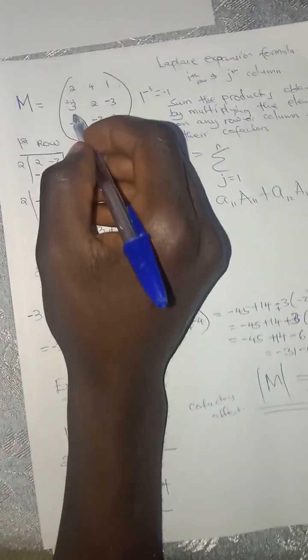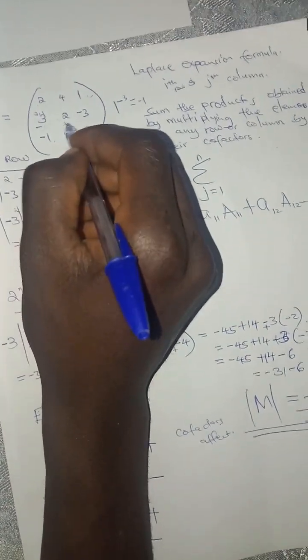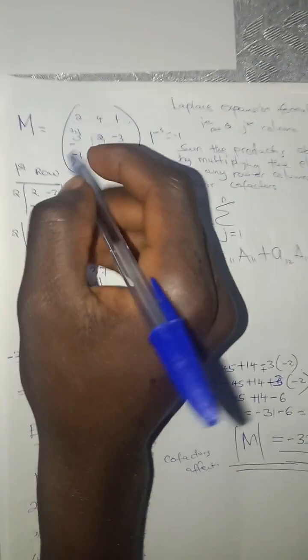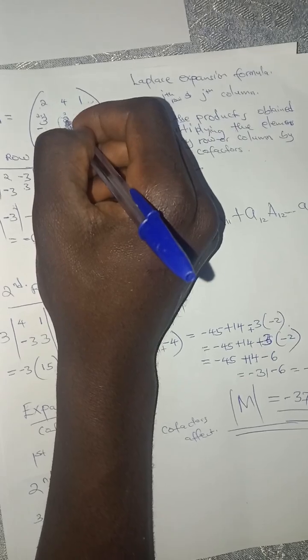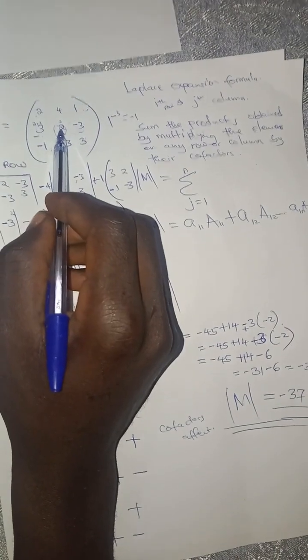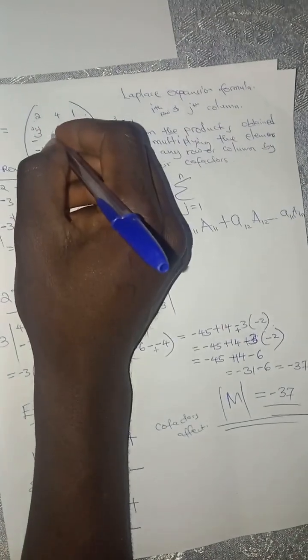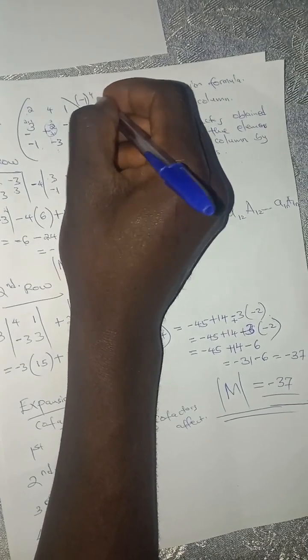Now, for example, in our example, it should be negative, plus, negative. Because 2 is at row 2, column 2, and 2 plus 2 is 4, so it doesn't affect the sign. It will be plus, because negative 1 raised to power 4 is positive 1. That is when finding the cofactors.